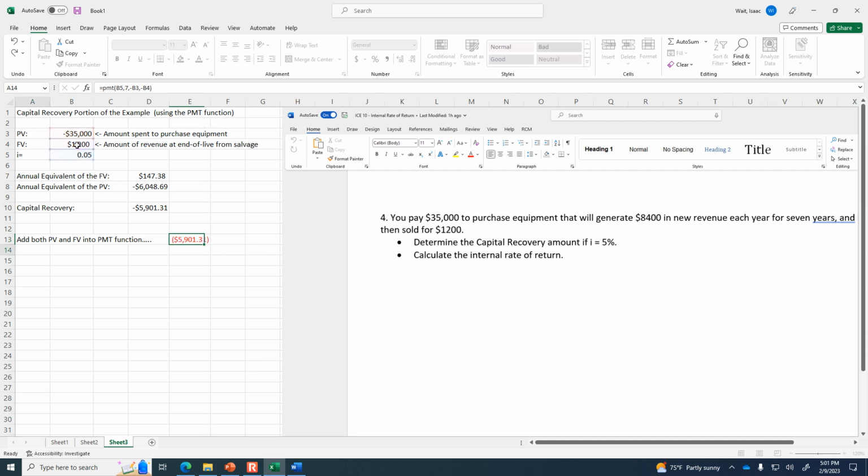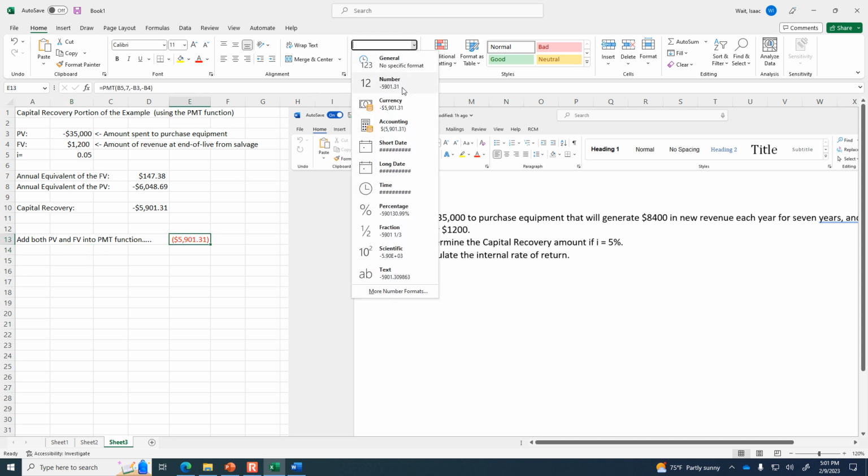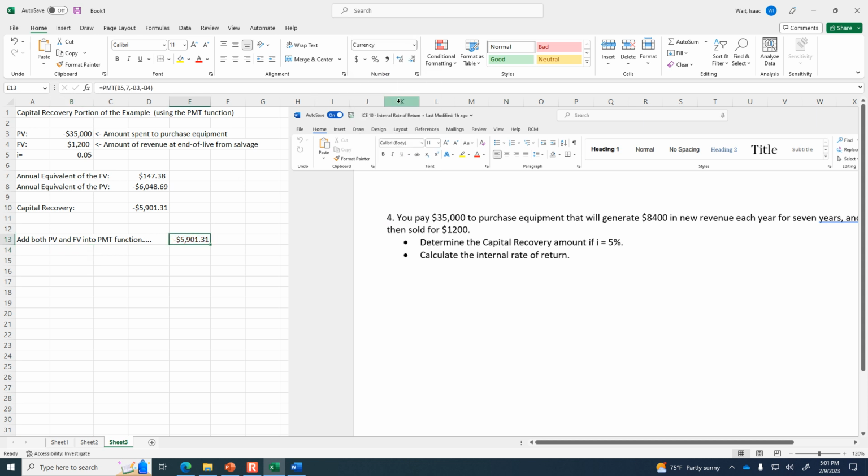And it gives me this $5,901. So you can put both the present and the future, and then it finds the net annual difference for both of them. So that's the PMT function. Pretty useful. So that's the capital recovery amount if it's 5%.